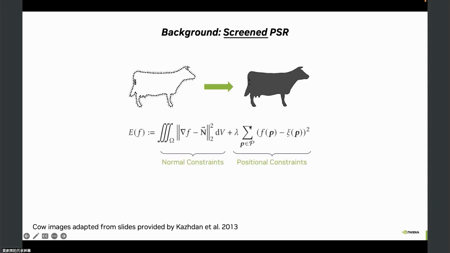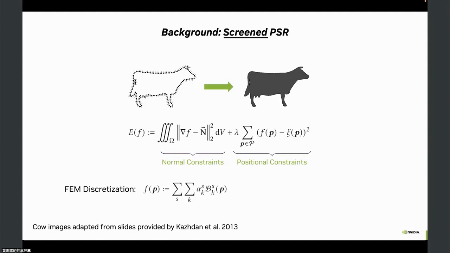The final energy function that we want to solve is a combination of normal constraints and positional constraints. In the normal constraints, we want the gradient of the function to be equivalent to the normal, while for positional constraints, we want the final implicit function to be equal to some predefined values at the points of input.